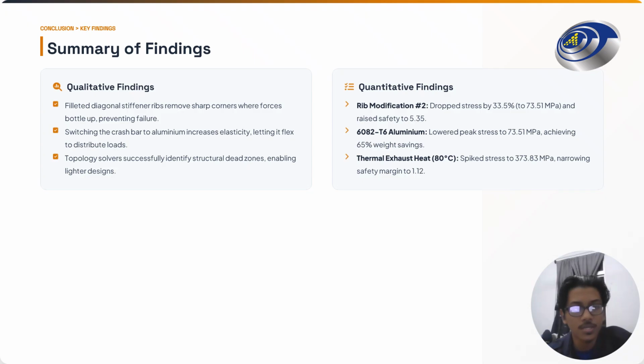The first one is fillets and stiffness ribs remove sharp corners where force bottles up, preventing failure. Second, switching the crash bar to aluminum increases elasticity, letting it flex to distribute loads. And the third one is topology solvers successfully identify structural dead zones, enabling a lighter design.